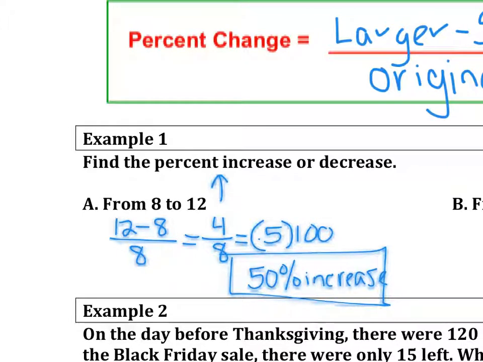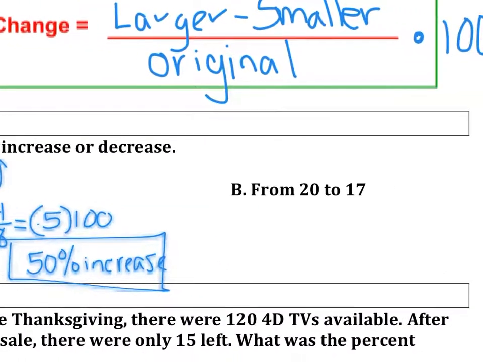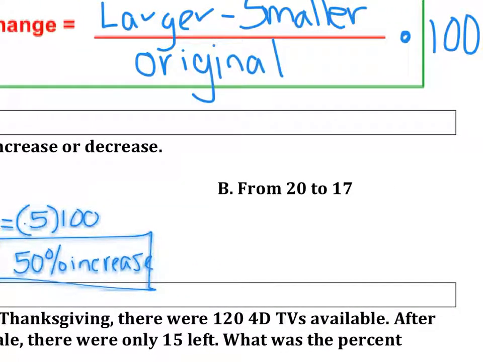Next, if I take a look at letter B, I see that I'm going from 20 to 17. So I again would take my larger minus my smaller, so it'd be 20 minus 17 over the original number, which in this case was 20. So if I go back to the top from 20 to 17, I can see, of course, that that is a decrease.